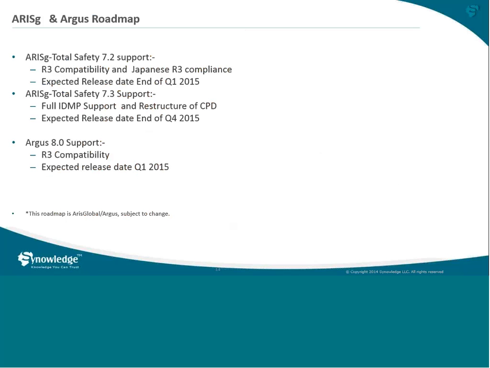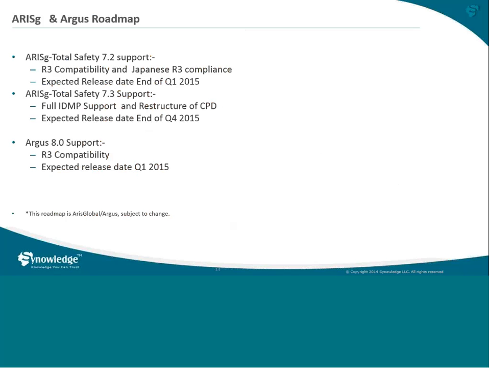We had a brief discussion with ARISg Global and Oracle, the leading providers of drug safety systems. As per ARISg Global, the ARISg version 7.2 is supposed to be released by early April 2015. It's supposed to be R3 compliant and also Japanese R3 compliant.